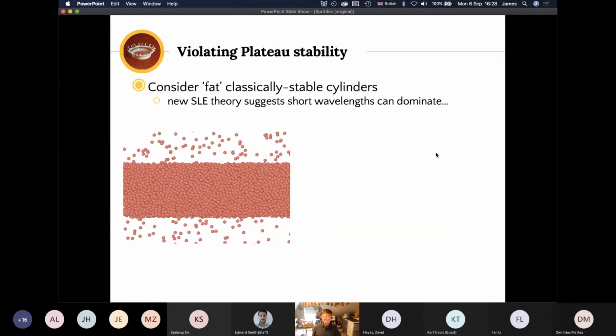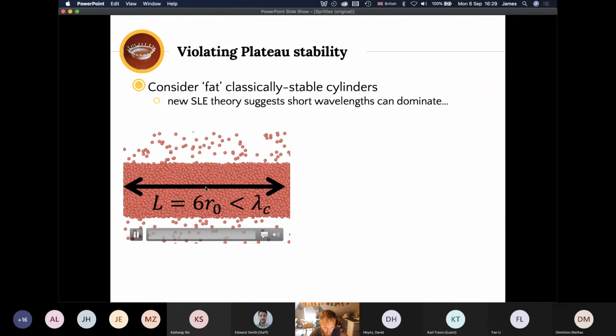So very similar to what we saw for planar films, what thermal fluctuations bring is the appearance of short wavelengths which can dominate. And so the idea here was, can we beat this Plateau instability criterion and actually rupture fat threads, if you like?